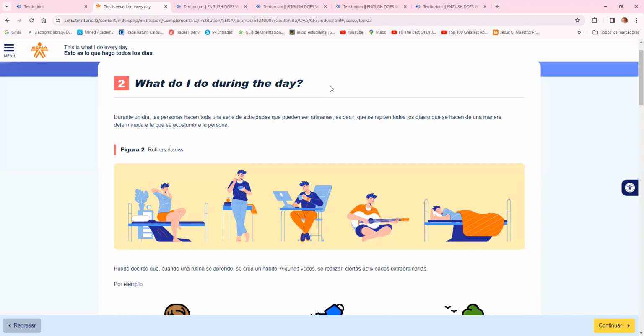It's a very simple and easy topic to learn. The only thing that you must learn is the use of the present simple. Now, when we talk about present simple, I'm talking about present simple besides the verb to be. You know, we have the verb to be and we have the other verbs different from the verb to be.